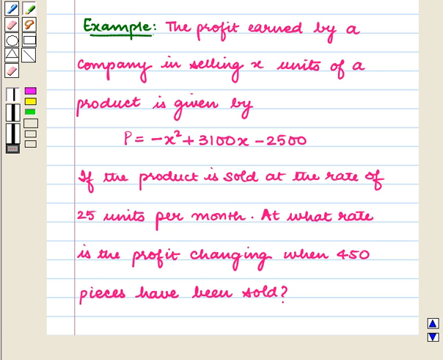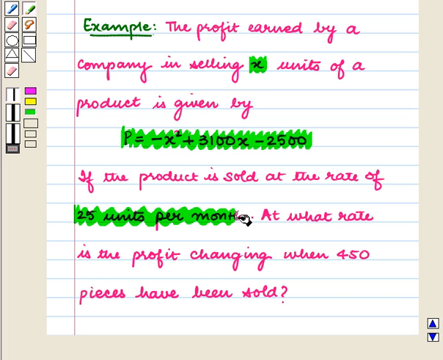The profit earned by a company in selling x units of a product is given by P equal to minus x square plus 3100x minus 2500 if the product is sold at the rate of 25 units per month. At what rate is the profit changing when 450 pieces have been sold?